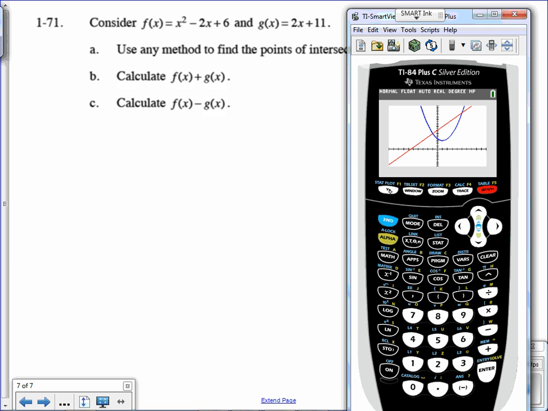To do the actual intersection on the calculator, remember, here's your key sequence. After we've graphed them both and we can see both intersections, we're going to press second, then the trace button to go to the calculate menu.